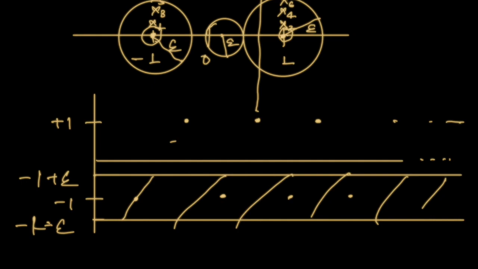So there are infinitely many points which are outside this region, so we can say that the sequence does not converge to -1, and a similar analysis will work for any number.